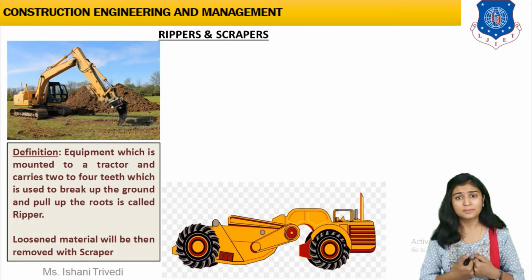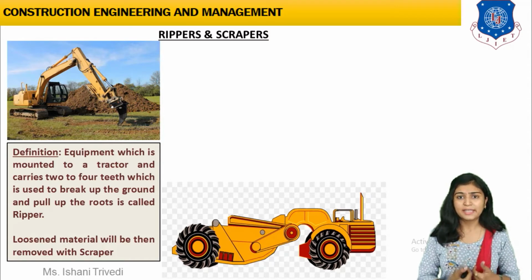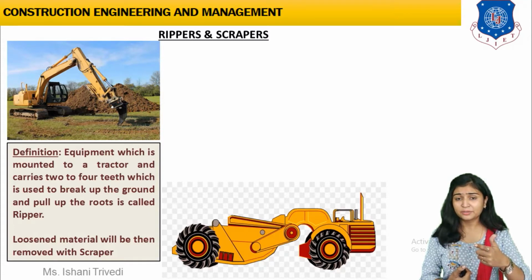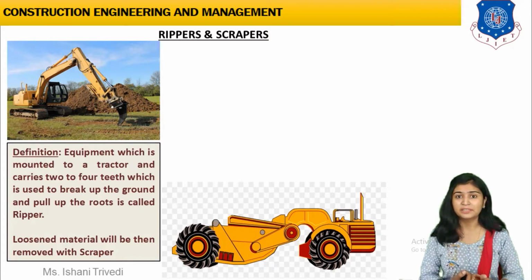So let us talk about the technical definition of rippers. It says that it is equipment which is mounted to a tractor. Now see students, the tractor became the basic equipment over here, right? Dozer is also basic equipment. Ultimately you are going to mount everything on a tractor. This is what I was trying to say even in the starting.